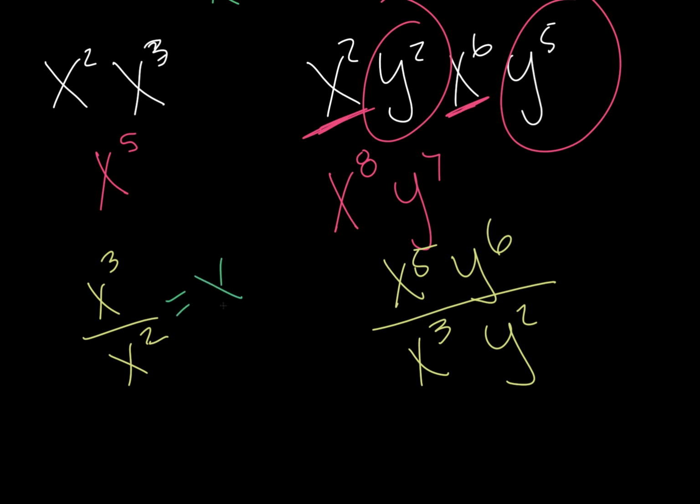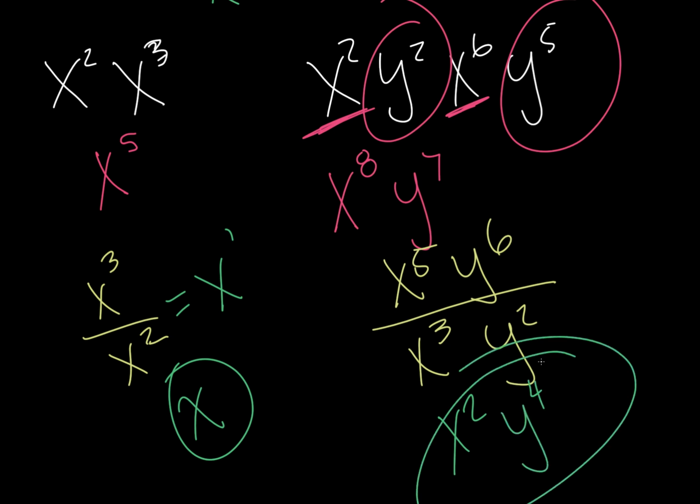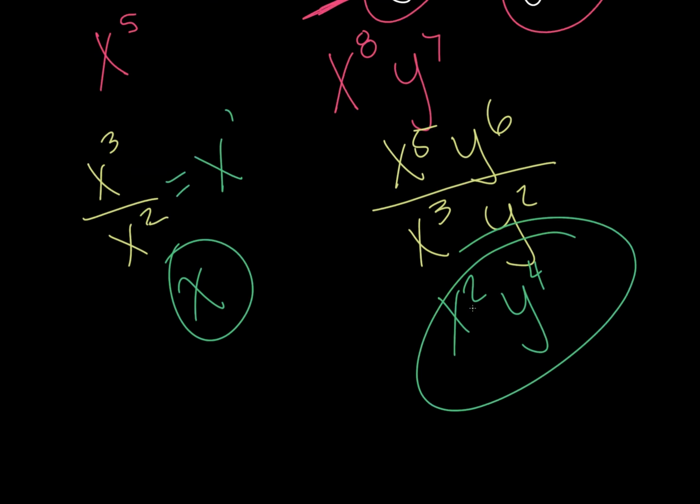And so this one would be x to the 1, which is redundant. That 1 is redundant. We don't need to write it, so we can just write x. Right here we get x squared, because 5 minus 3 is 2. And then 6 minus 2 is 4. So we get x squared y to the 4th.